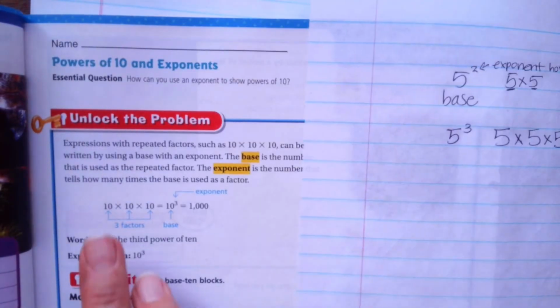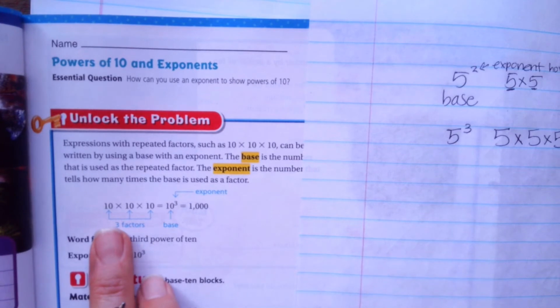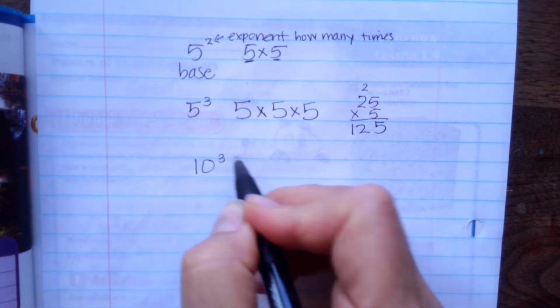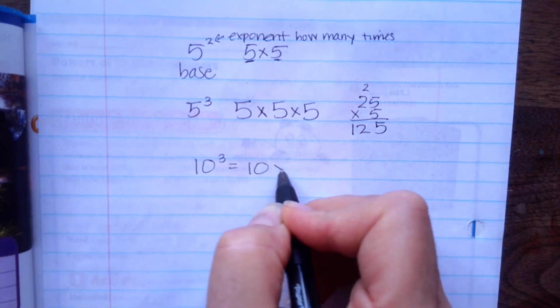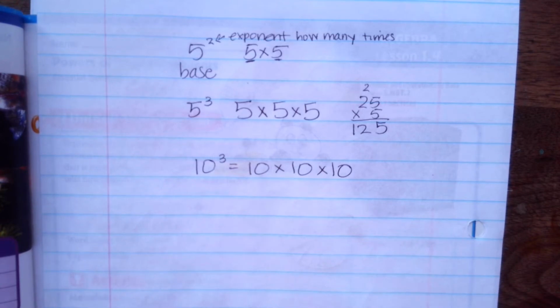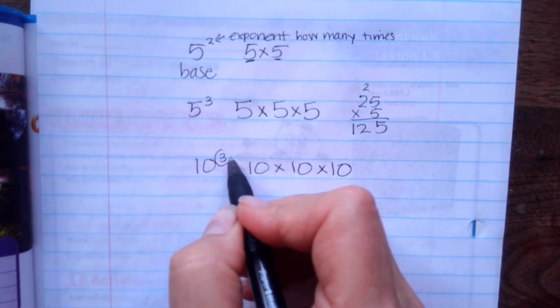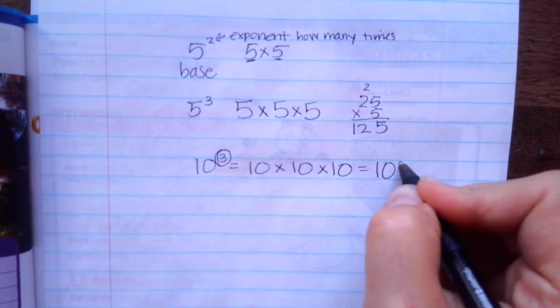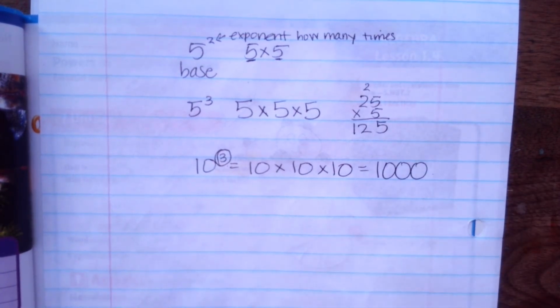When you are dealing with 10, then we have a little shortcut that we can use. 10 to the third power is 10 times 10 times 10. And here's our shortcut. However many exponent you have is the number of zeros that you're going to put in your answer. So that's a little shortcut.